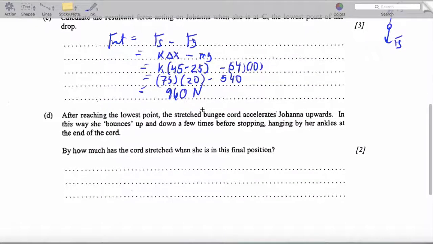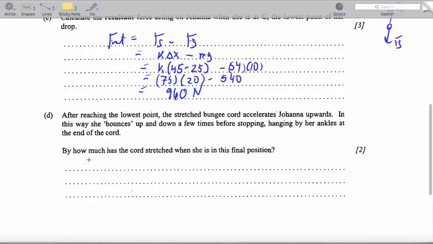Now it says here, after reaching the lowest point, the stretched bungee cord accelerates Joanna upwards, and this way she bounces up and down a few times before stopping, hanging by her ankles at the end of the cord. This is a trick question. How much is the cord stretched when she's in this final position? Again, the idea here is we just want to know the stretching of the cord at the very end when she is basically done with this whole process.